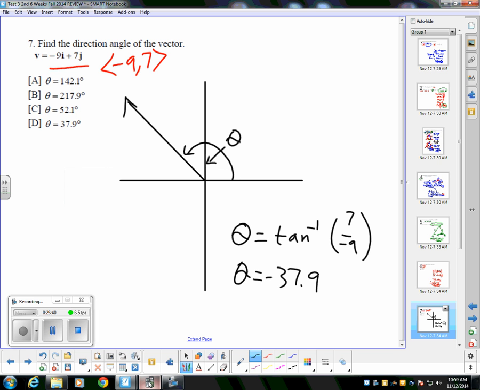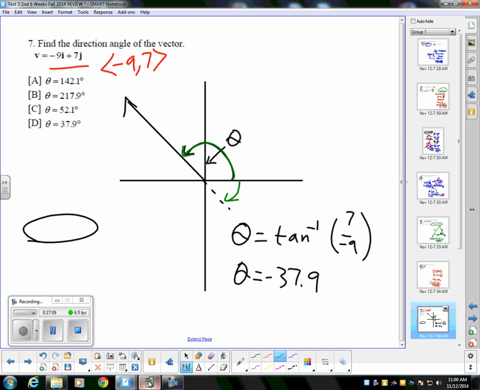If you look at your answer choices, you don't see that up there. But you do see 37.9, so some of you may say, well, I just made a mistake, it's got to be D. You would be wrong in doing that, because that negative 37.9 is actually this angle right here. We want to find this angle right here, so therefore they're supplementary.